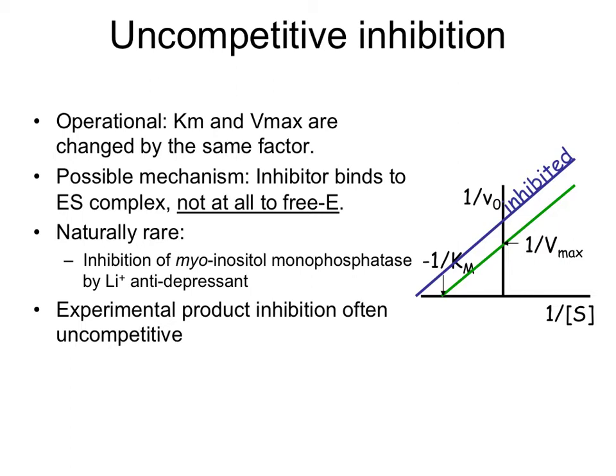You're seeing a loss in Vmax and a loss in Km. The possible mechanism for this is that the inhibitor binds to the enzyme-substrate complex, not at all to the free enzyme. This is not very common, but there are examples, where inhibition of myo-inositol monophosphatase by lithium serves as an uncompetitive inhibitor. The experimental product of inhibition is uncompetitive.